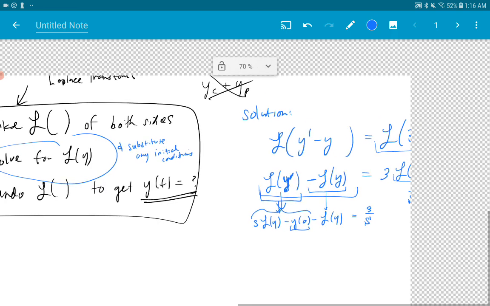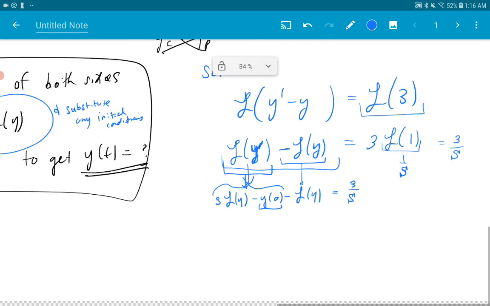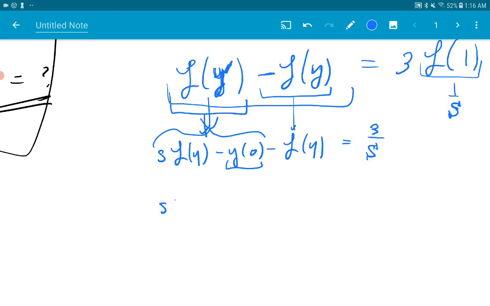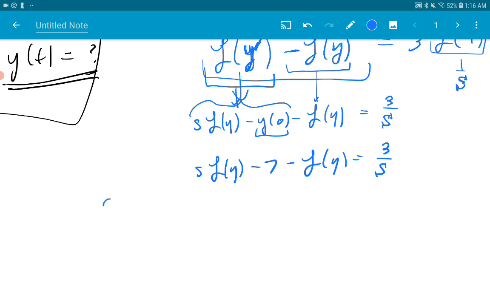We do, because it was given to us in the problem. It was given to us that y of 0 is 7. So I've got s L of y minus 7 minus L of y equals 3 over s. All right, and I want to solve this. I want to get L of y by itself.